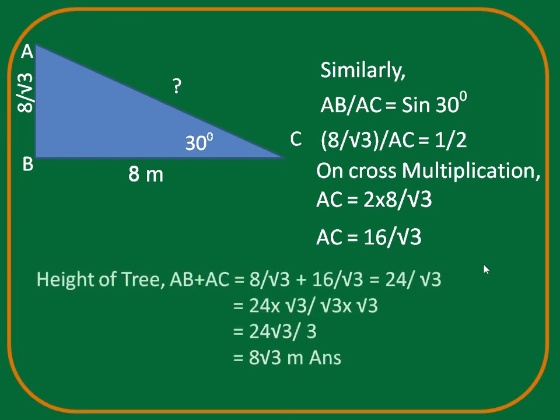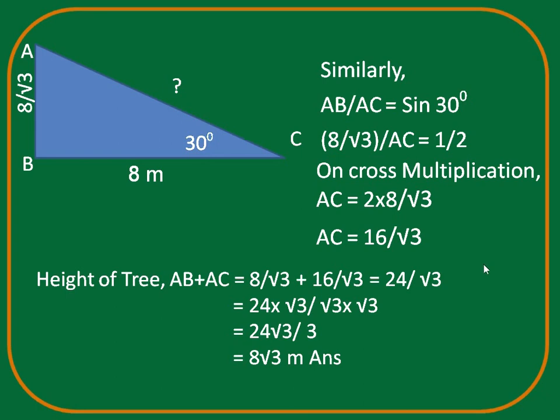Now height of tree is equal to AB plus AC, which is equal to 8 upon root 3 plus 16 upon root 3. So it will be equal to 24 upon square root of 3. So now to simplify it further, we will multiply this 24 upon root 3 by root 3 in denominator and numerator as well.